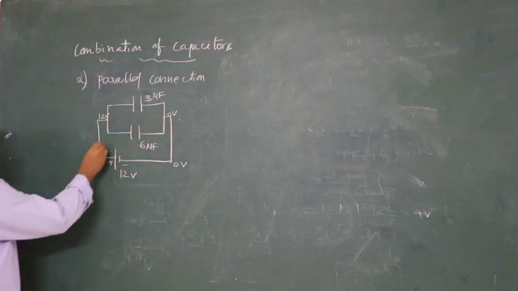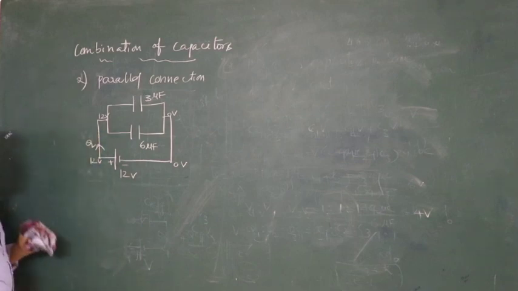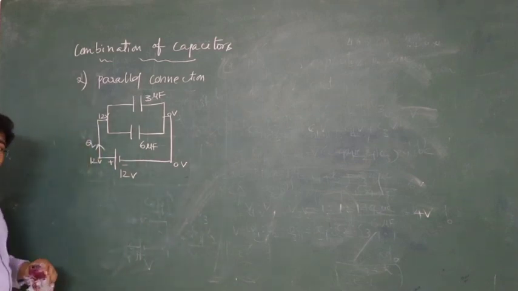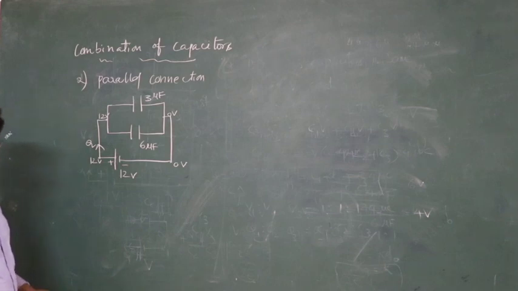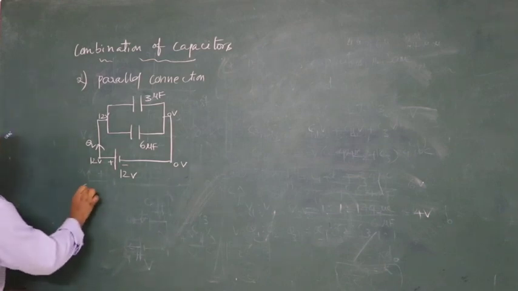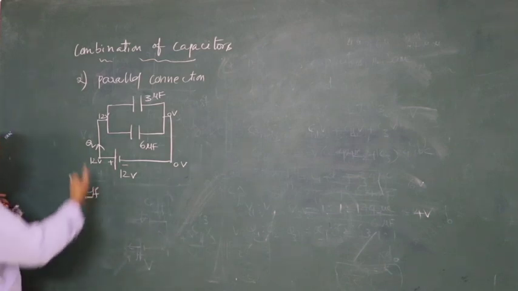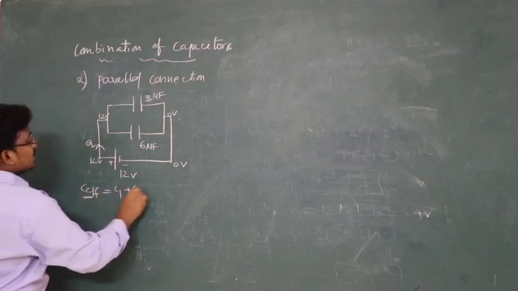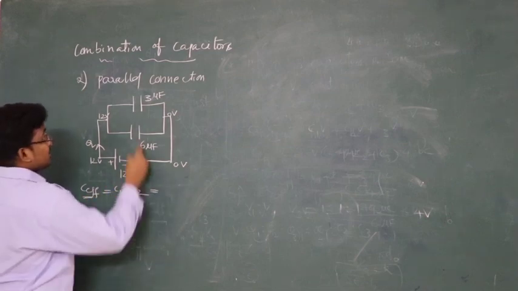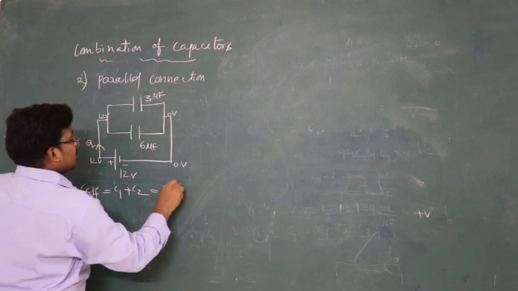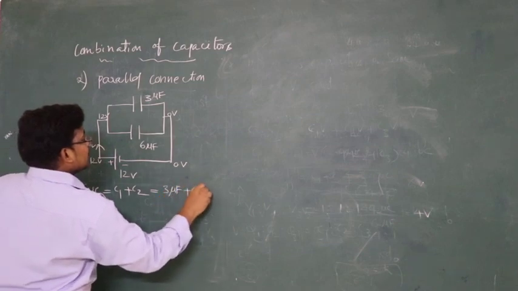Then automatically they are in parallel. Now how much charge will flow from the battery? To find that out, we should first find the effective capacitance. So what is the C effective? C effective in parallel is C1 plus C2. C1 is 3 microfarad, and this one is 6 microfarad.